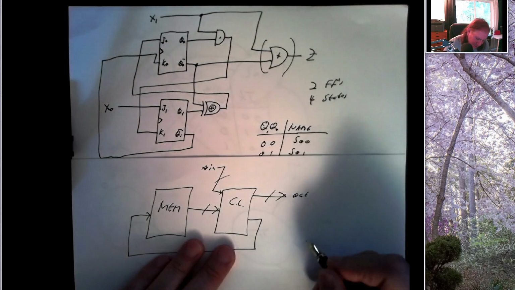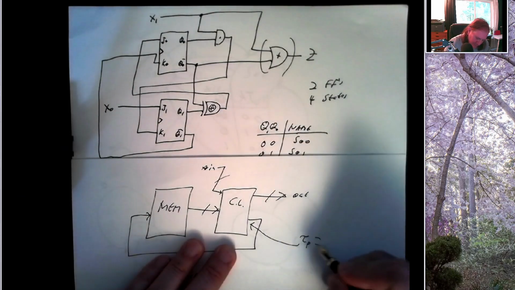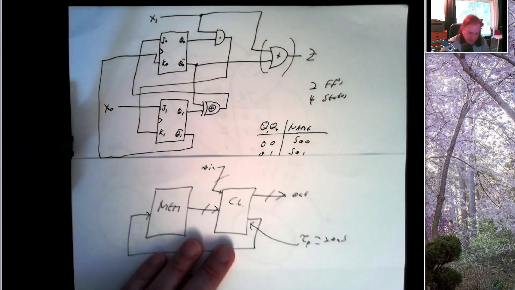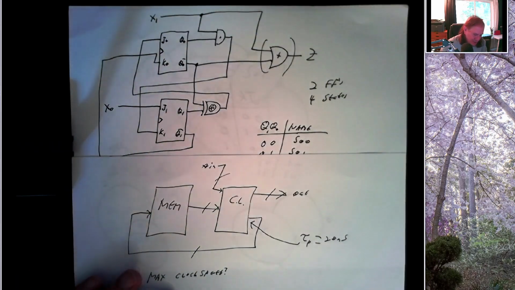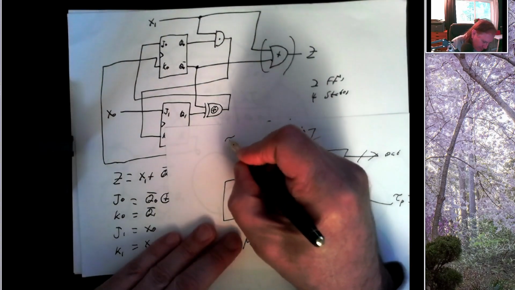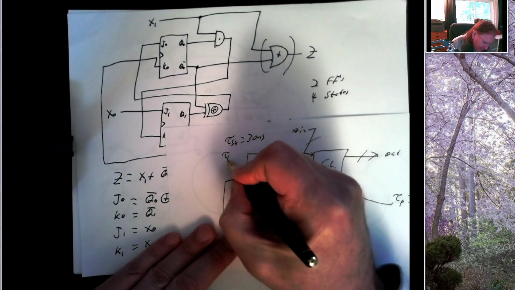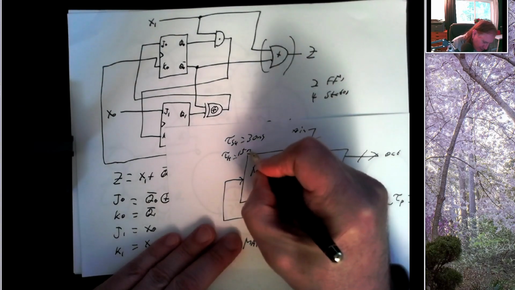So let's suppose that the propagation delay is 20 nanoseconds. No reason that would be true, I'm just supposing it. And let's suppose that our flip-flops have a setup time of 30 nanoseconds and a hold time of 15 nanoseconds.